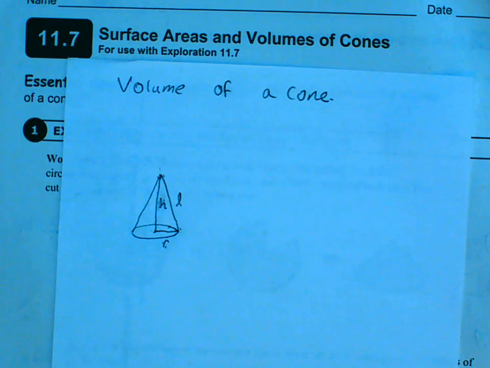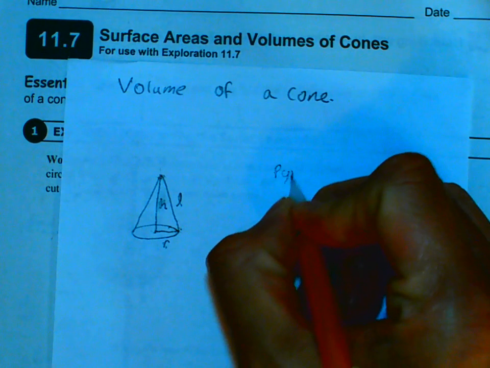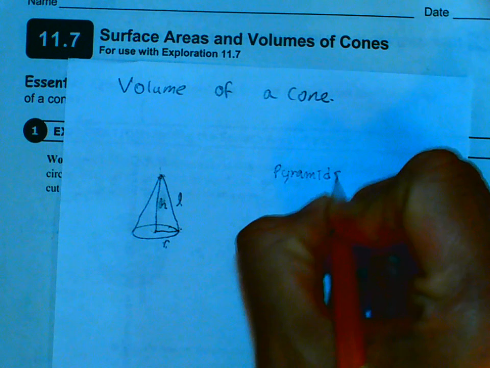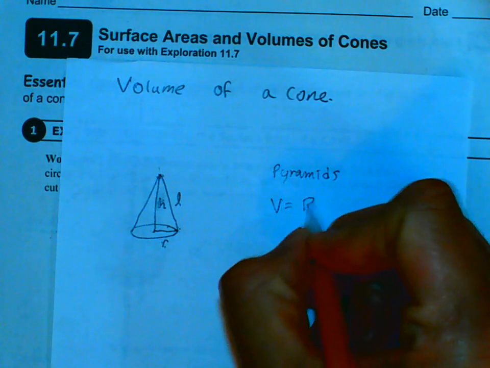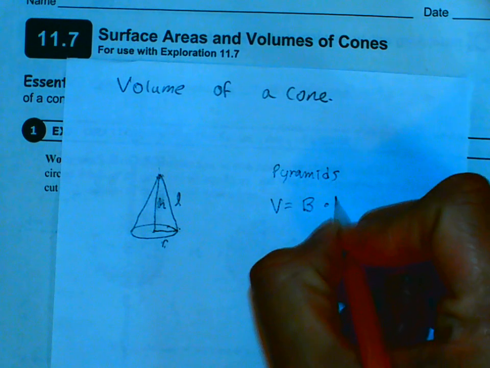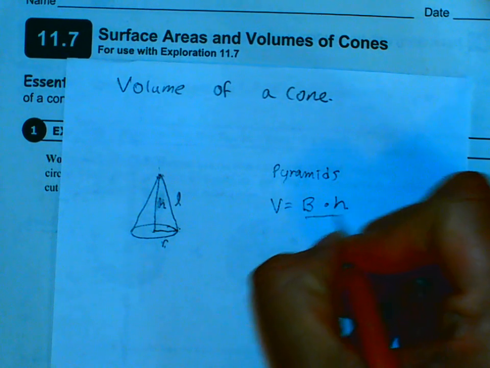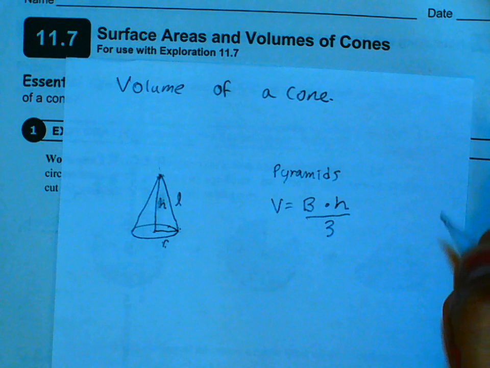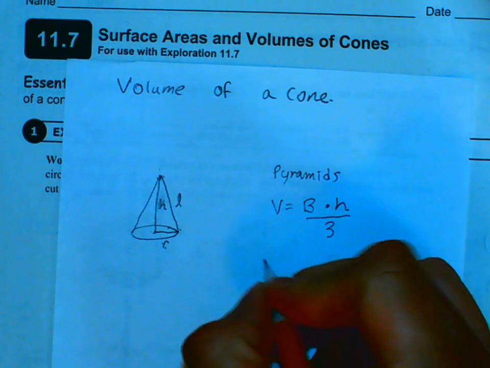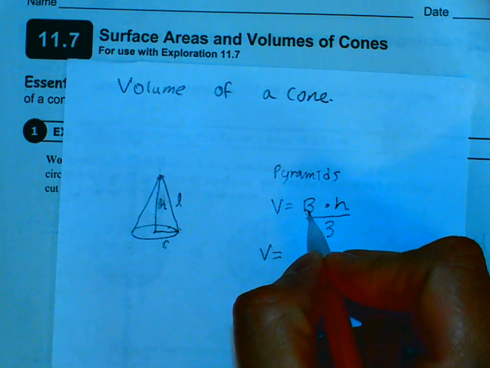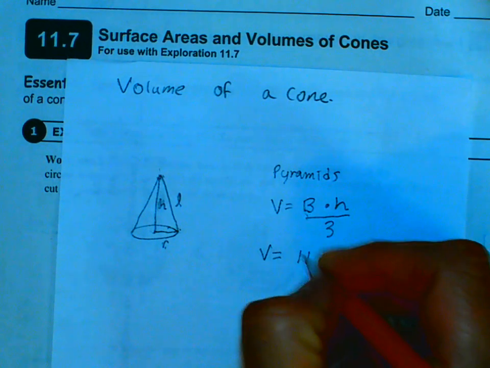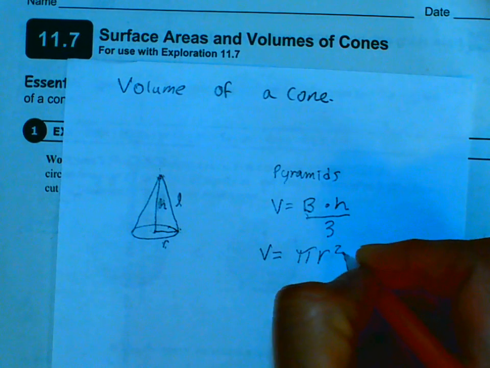Now we're going to look at this in terms of what we knew about pyramids. In pyramids, we talked about the volume of a pyramid being the area of the base multiplied by the height of the pyramid, all divided by 3. This is pretty much the same idea. The only difference is that the area of the base is a circle, so we substitute that with pi r squared.